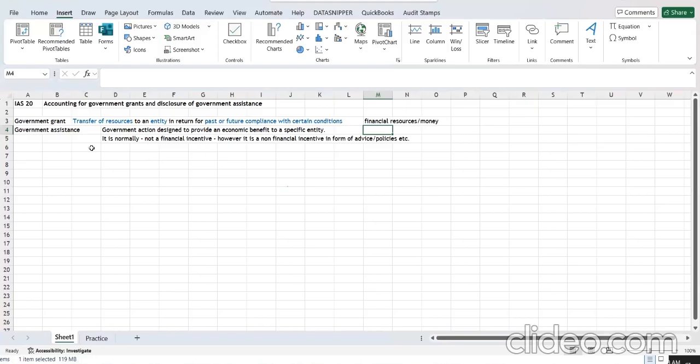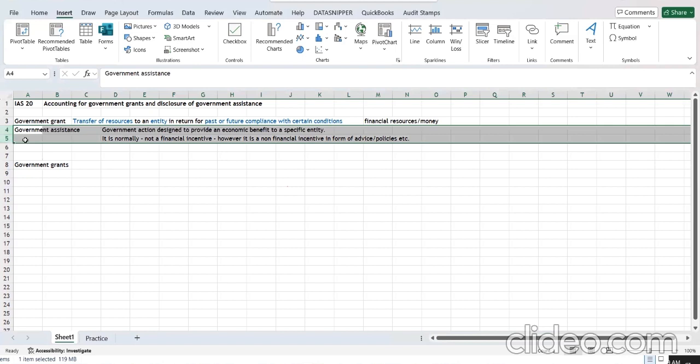So when we are talking about government grants, this thing should be very clear that the majority of discussion in IAS 20 is about government grants, right? Because government assistance we do not recognize in our books, but we disclose it.